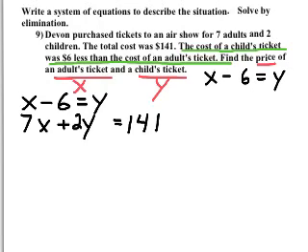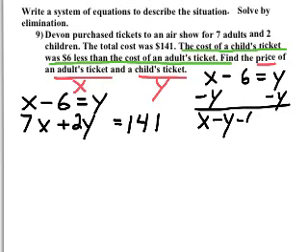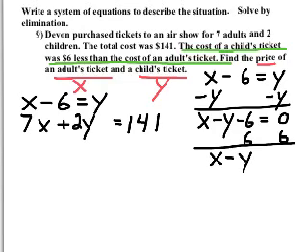I'll put our x and y on the same side, so I'm going to add a negative y to both sides. Okay, so then we have x minus y minus 6 equals 0. And I'm going to get our constants on the other side, so I'll add 6 to both sides. And that gives us x minus y equals 6.